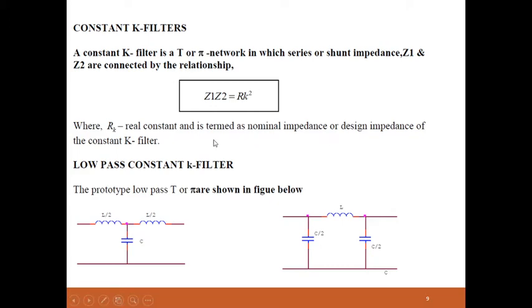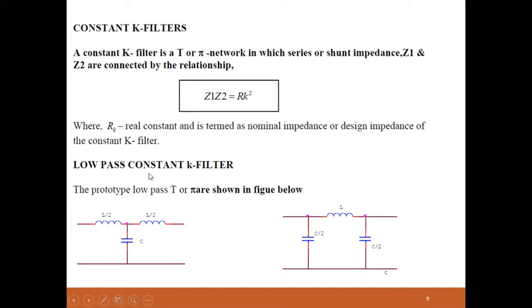This is the basic relationship for the K filter. From that we can design our own filter, either low pass, high pass, band pass, or band elimination. Let us discuss the constant K filter for each case.